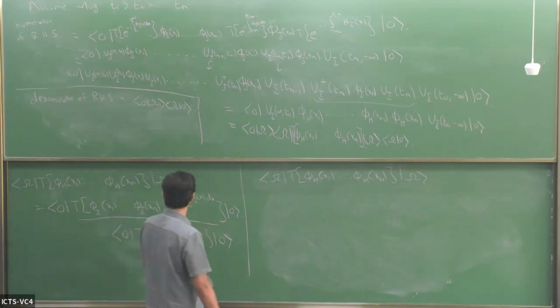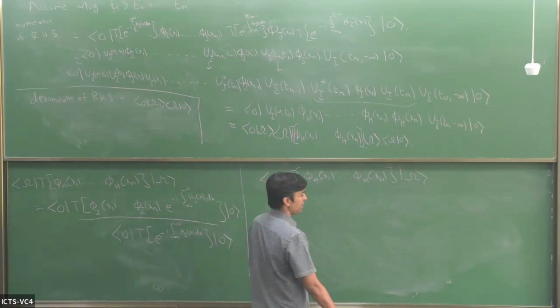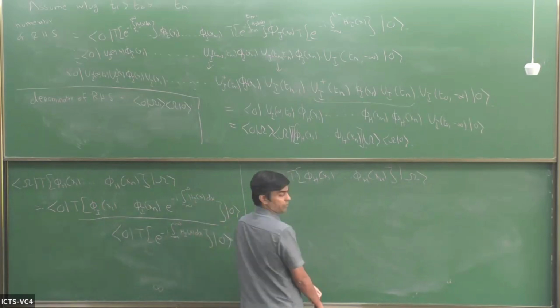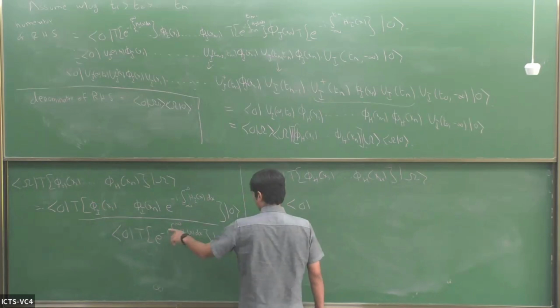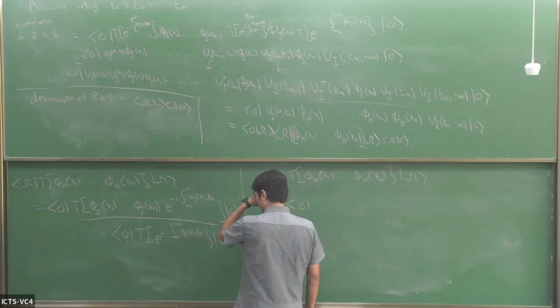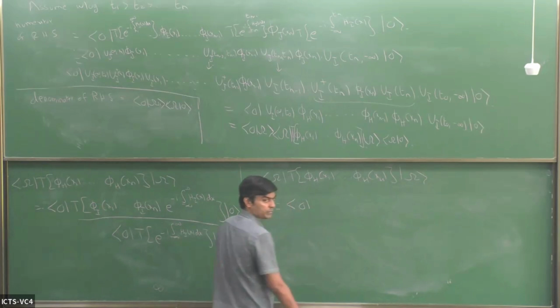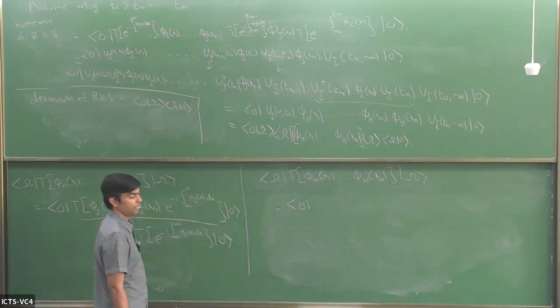Okay, how do you compute this first order term in lambda? Well, you just expand this out to first order in lambda. So in fact, the denominator doesn't have any contribution at order 1. At order 1, you just get 1. Okay.